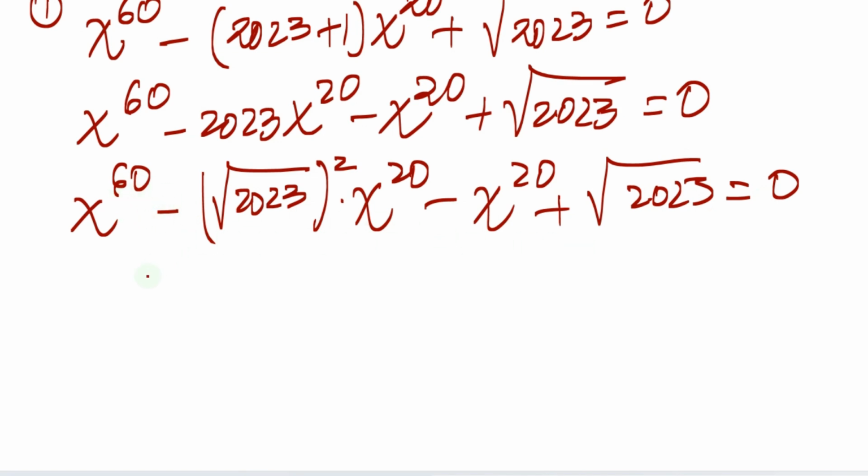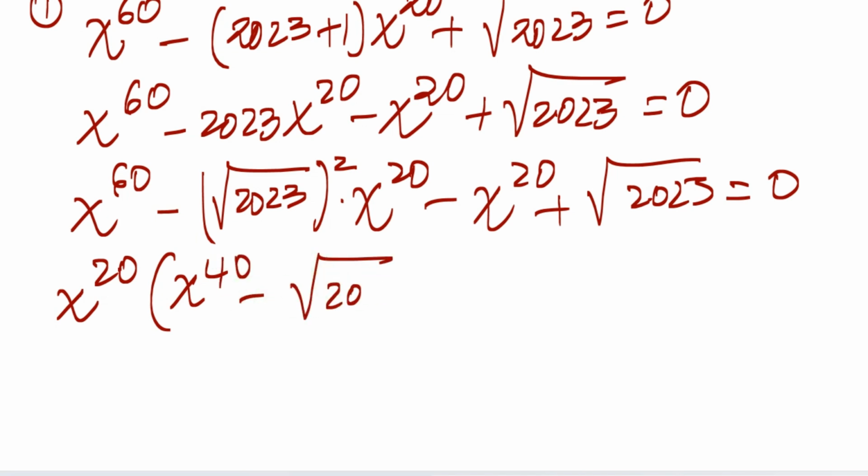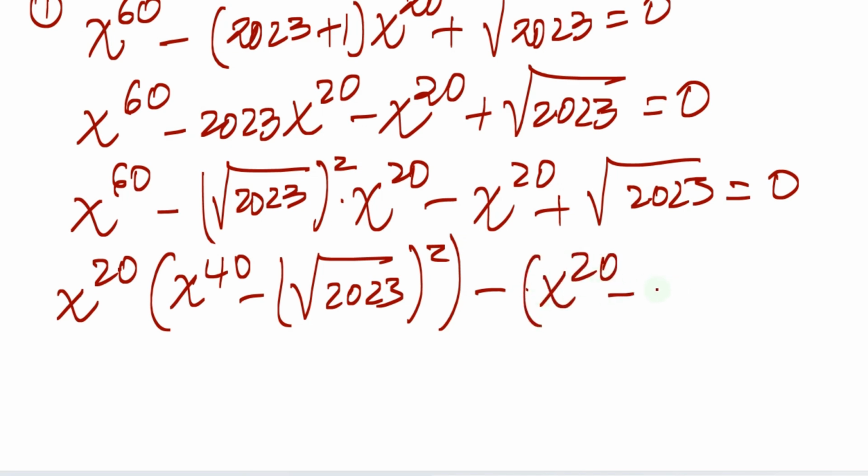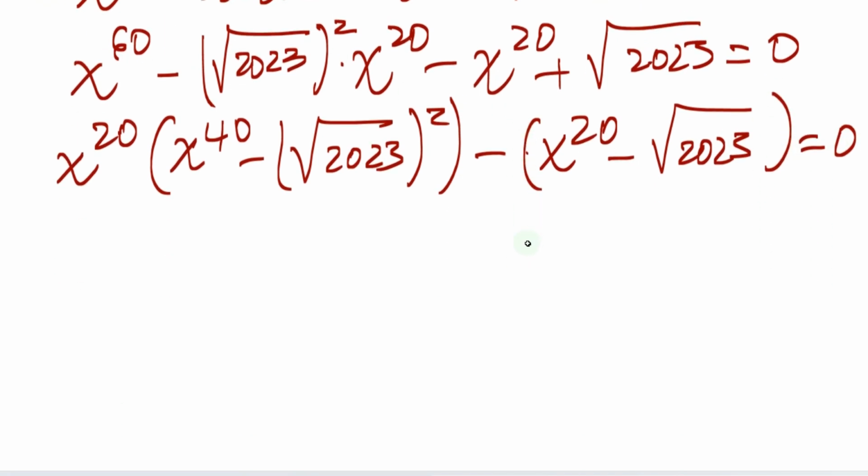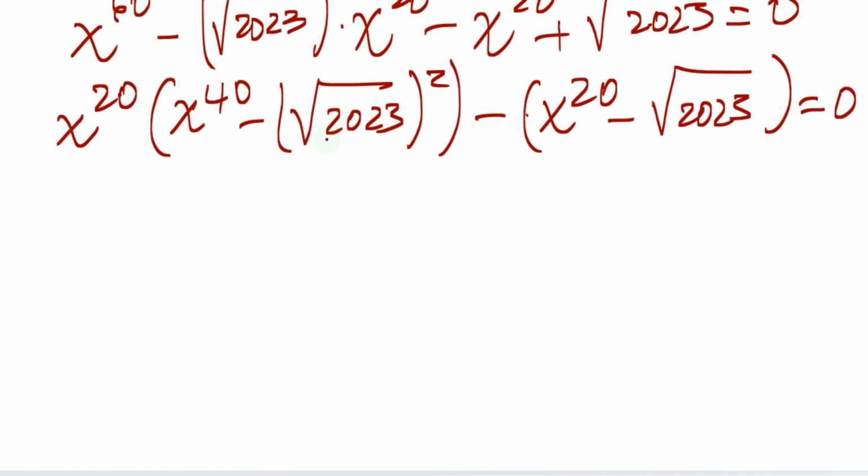So now I'm gonna factor out here x to the 20, which multiplies x to the 40 minus square root of 2023 to the power of 2, and here I'm gonna factor out this negative sign, so this is gonna be x to the 20 minus square root of 2023, and then this is equal to 0.